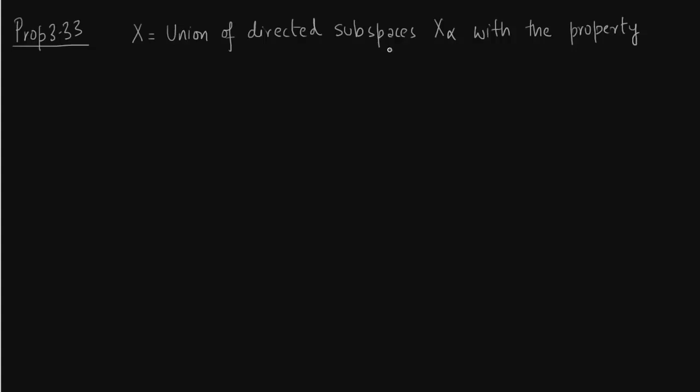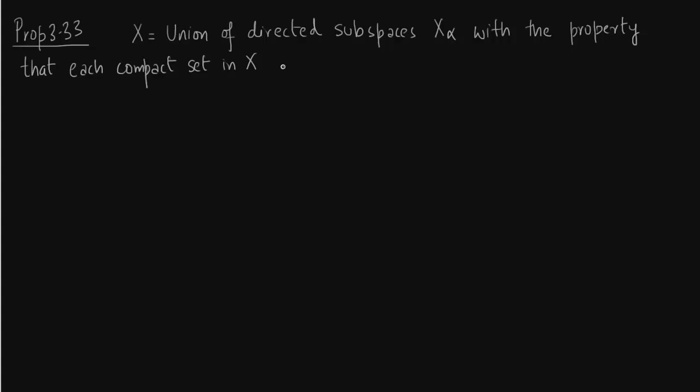So now we come to the important Proposition 3.33. Say X is a union of a directed set of subspaces X_alpha, and we have the property that each compact set in X is contained in some X_alpha. The idea is we want to talk about this natural map, from the direct limit of the homology groups to the homology of the space, being an isomorphism.